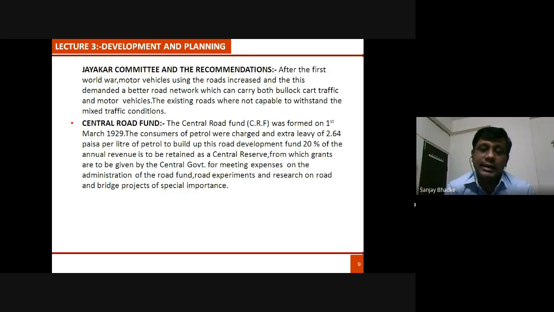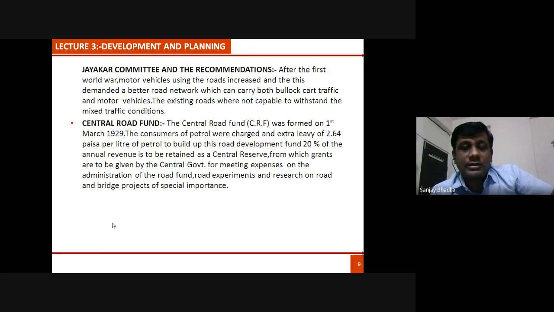Some percentage of the money we got from selling petrol was deposited in a particular fund called the Central Road Fund. This way, the government generated various funds for the construction of roads throughout India.